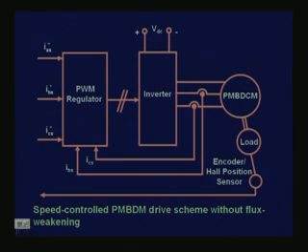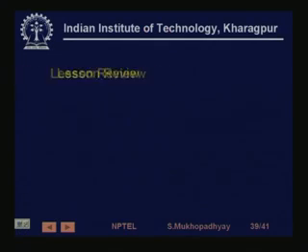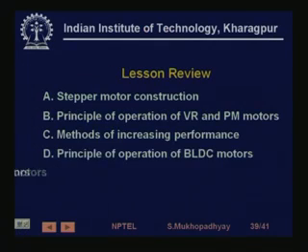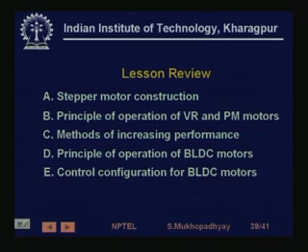So we did it in a fast manner, but you can understand that this is exactly similar, and the main key concept is that the MMFs are rotating and you need to keep them rotating as the rotor rotates.